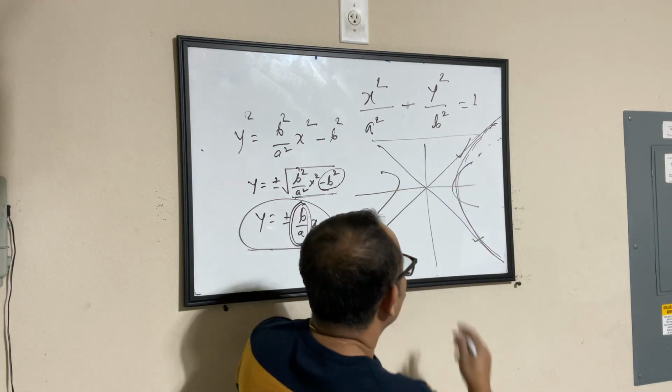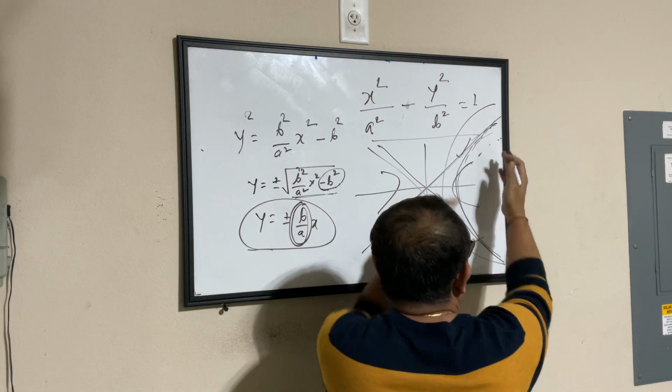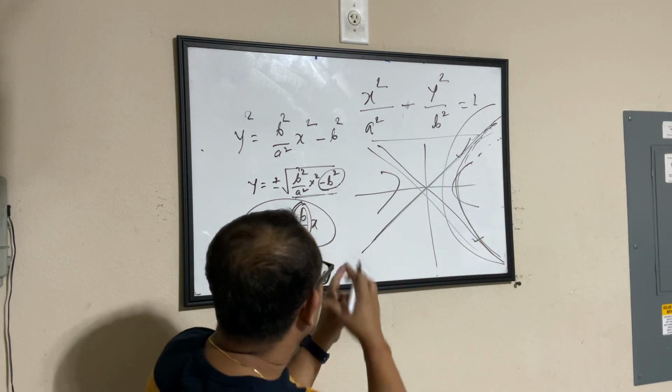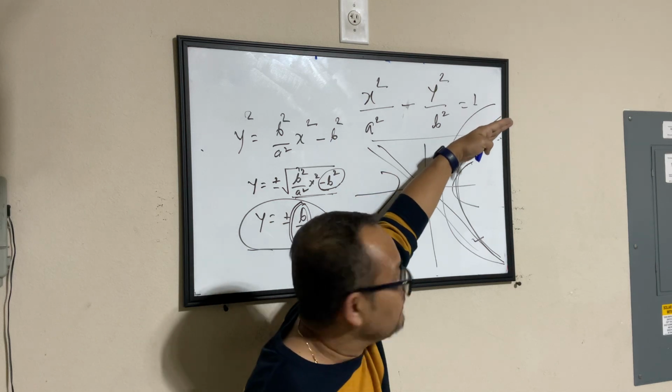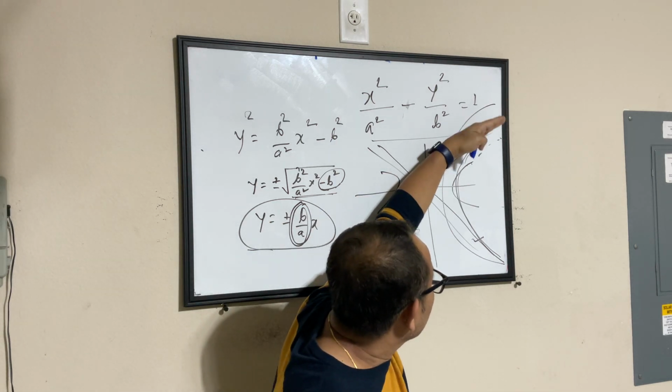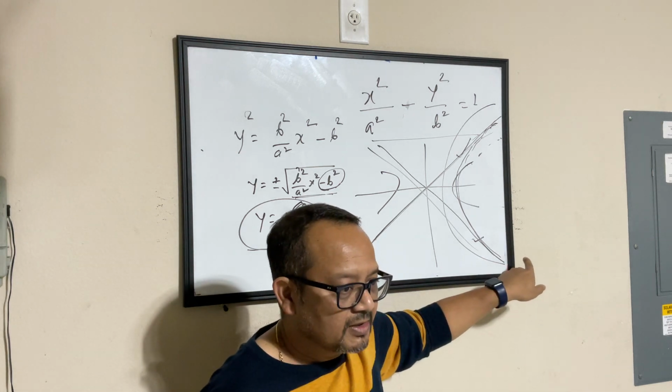You will never have this asymptote like this and then your hyperbola goes like this. It has to be inside this, because that is defining your outer boundary or the slope, which has to be higher than the maximum slope of this hyperbola.